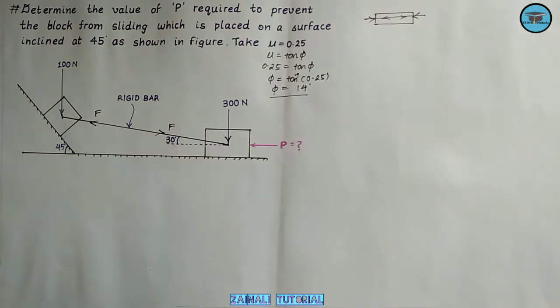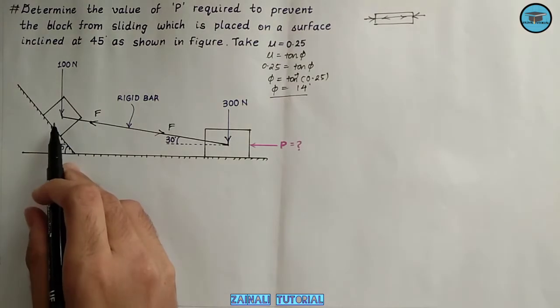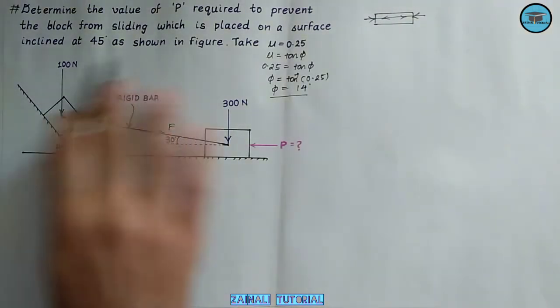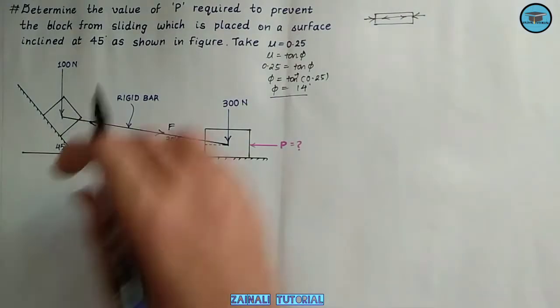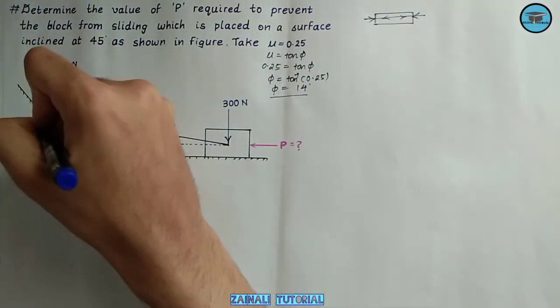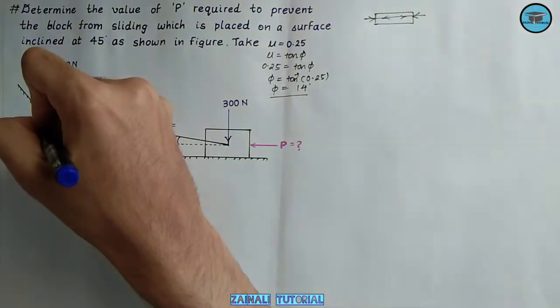Now we need to draw the free body diagram of the block on which the 100 Newton force is acting in the downward direction, or we can consider it as the self weight only. It has not been mentioned here. As this block would be sliding in the downward direction, the frictional force would be acting in the upward direction like this.